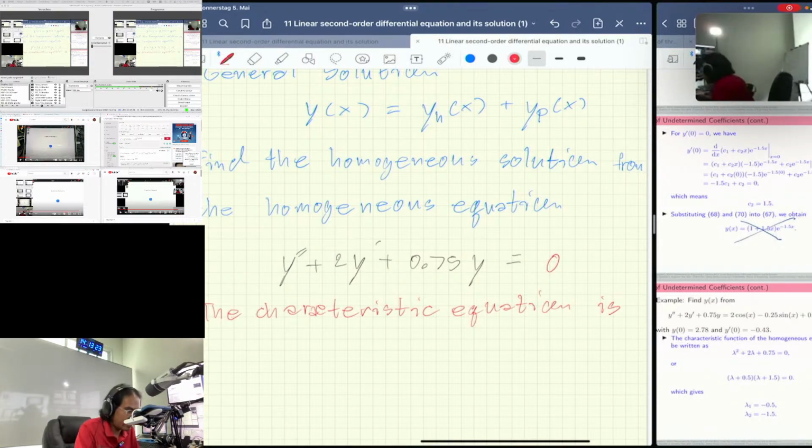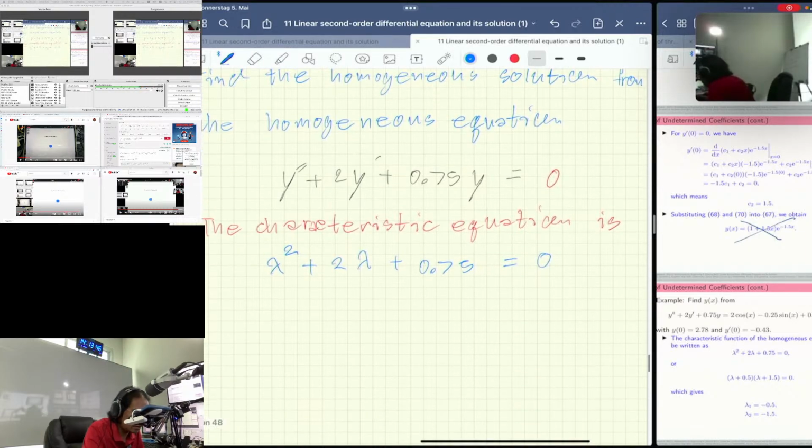The characteristic equation is, as you know, y double prime will correspond to lambda squared, and y prime will correspond to lambda, so lambda squared plus 2 lambda plus 0.75 equal to 0.